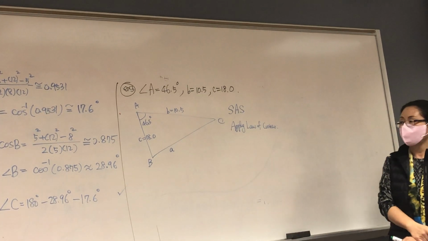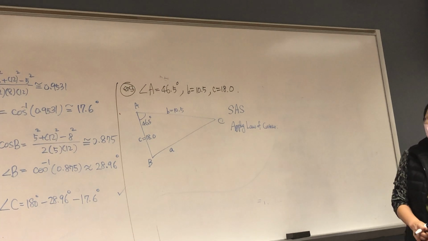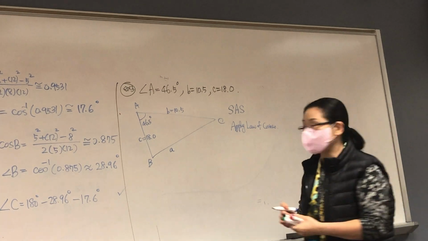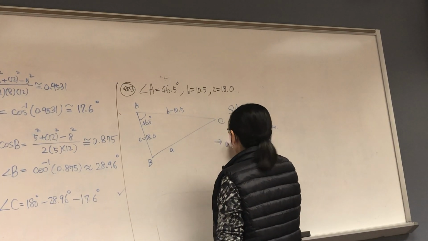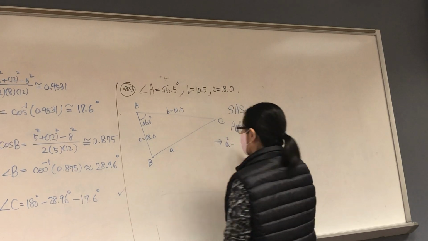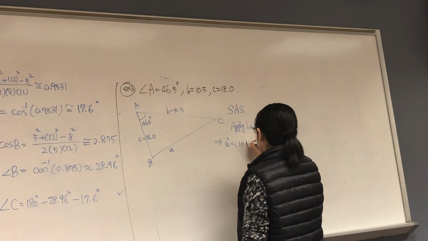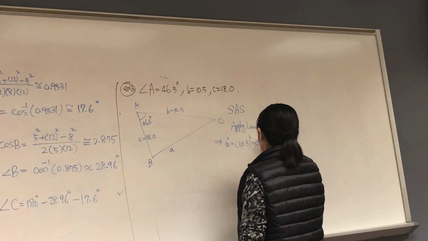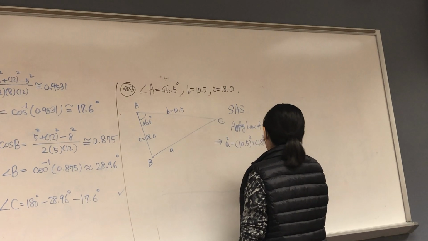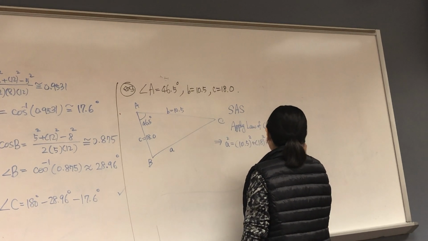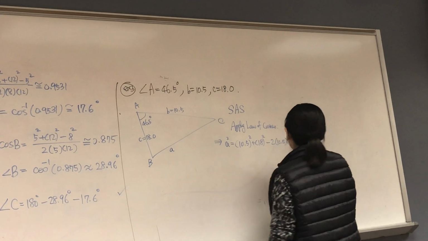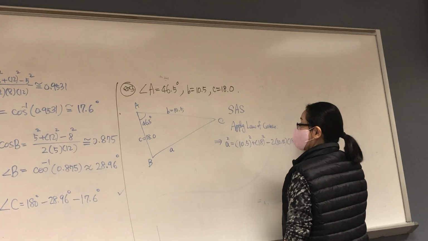A squared, right? You want to find A, right? So here, A squared equals 10.5 squared plus 18 squared minus 2 times 10.5 times 18 times cosine of 46.5.